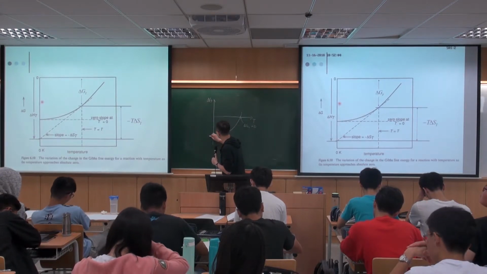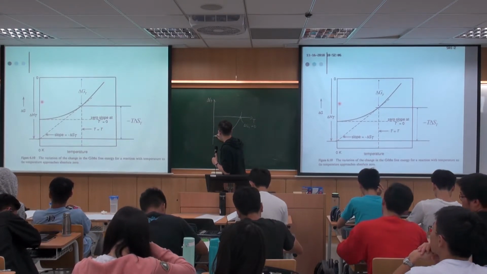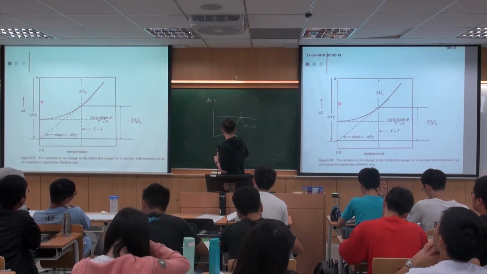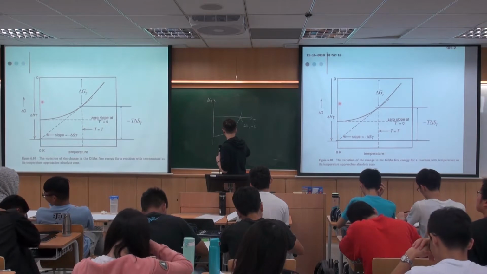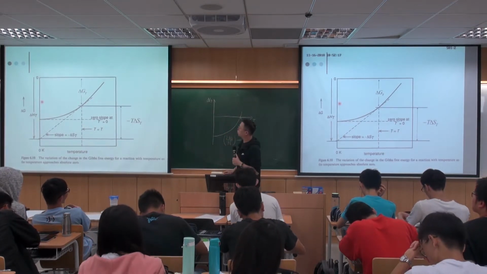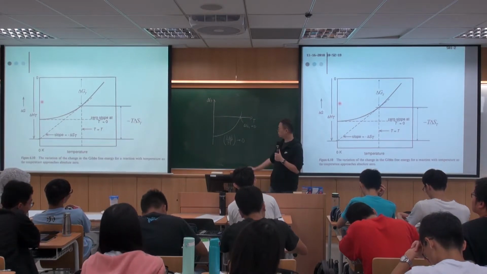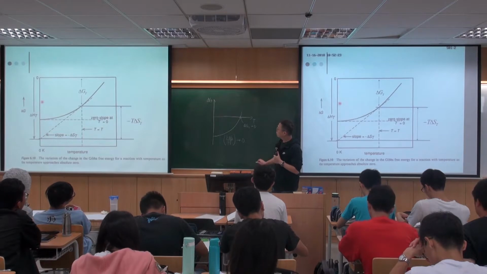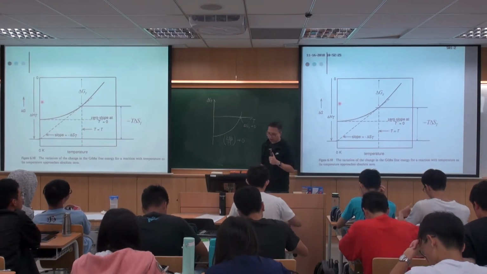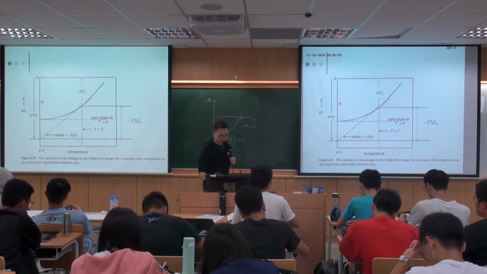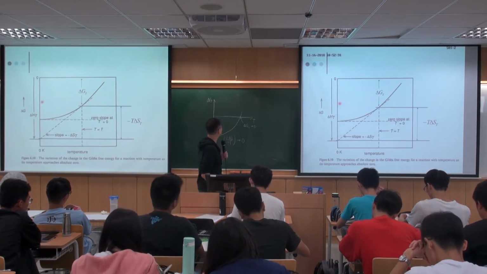So the slope here, partial delta G, partial T, is close to 0 from the experiment. And the second thing is that partial delta H, partial T is also approaching 0.